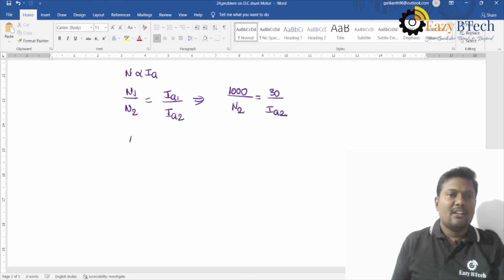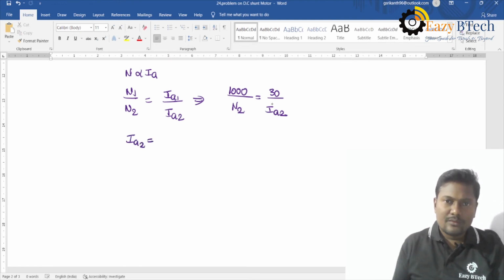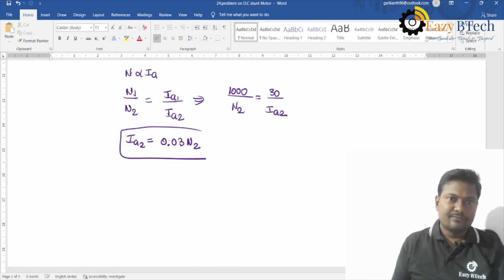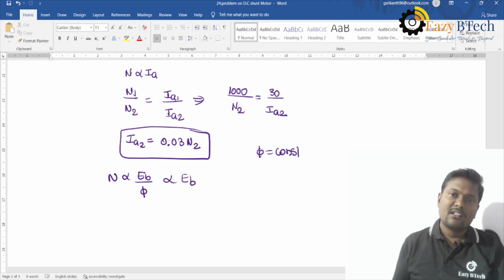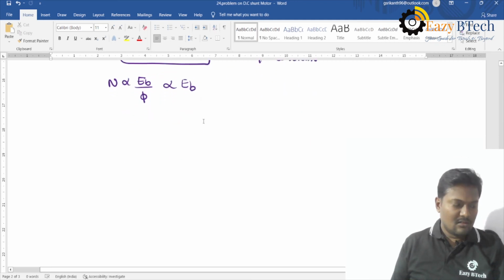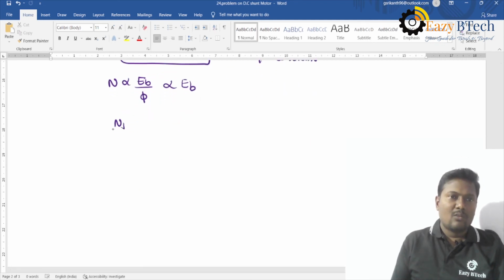Then Ia2 is equal to, cross multiplying, 0.03 times N2. We have one relationship: N is directly proportional to Eb, because the flux is constant in armature control. N1 by N2 is equal to Eb1 by Eb2.